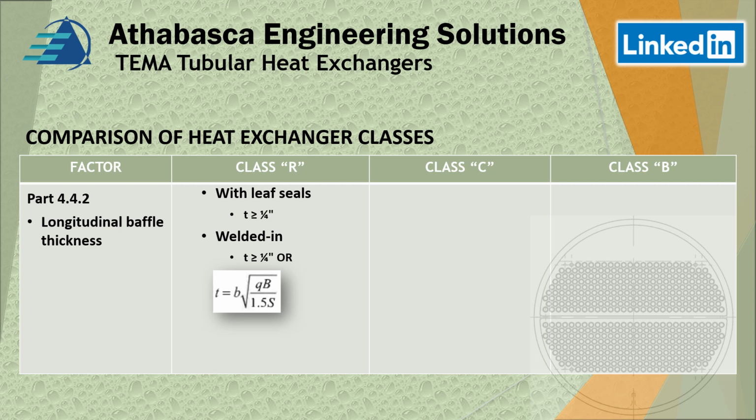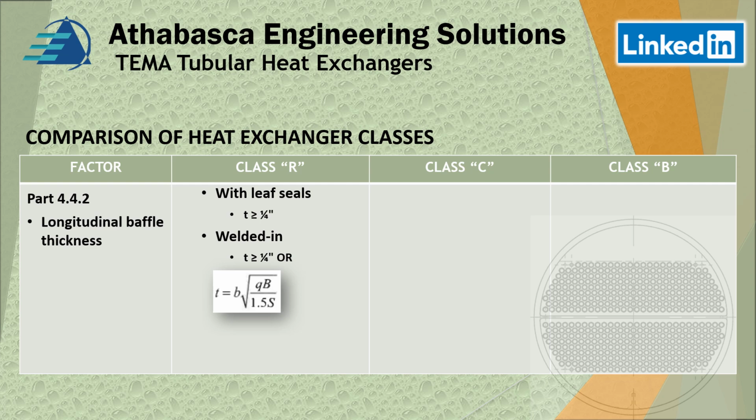And basically, small b is the plate dimension, expressed in inches or millimeters. Q is the maximum pressure drop across the baffle, expressed in PSI or kPa. B is a table value that's shown in table RCB 9132, and linear interpolation may be used for that table.